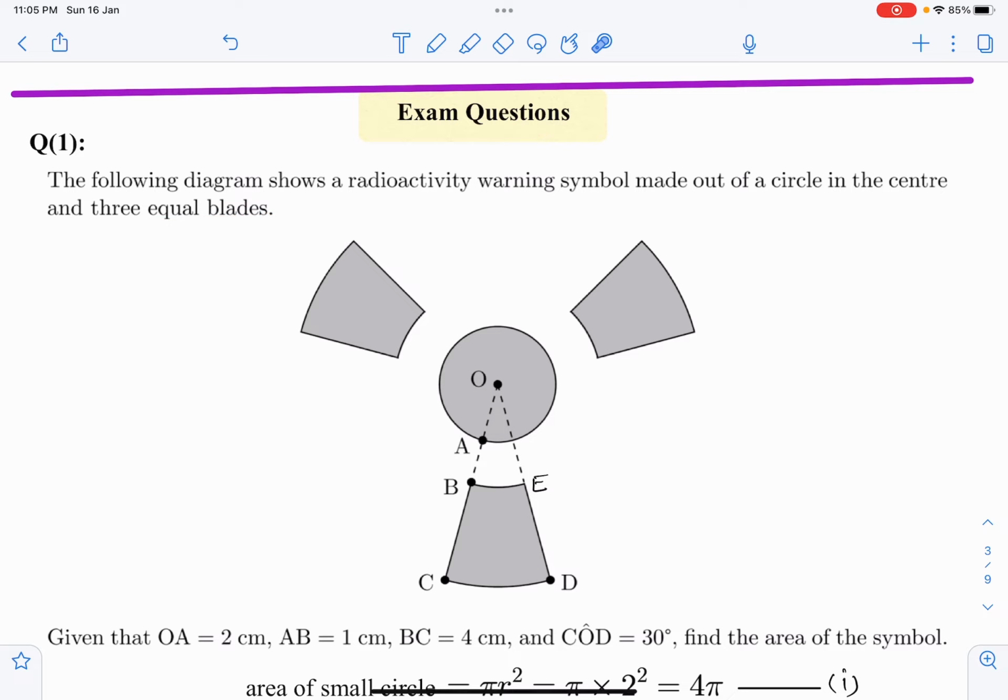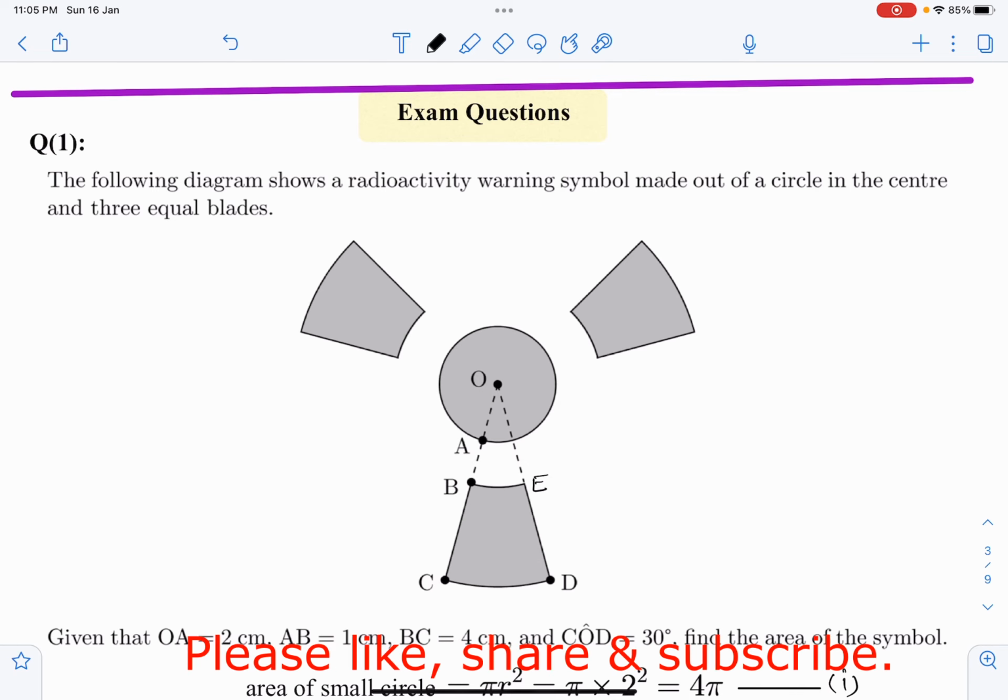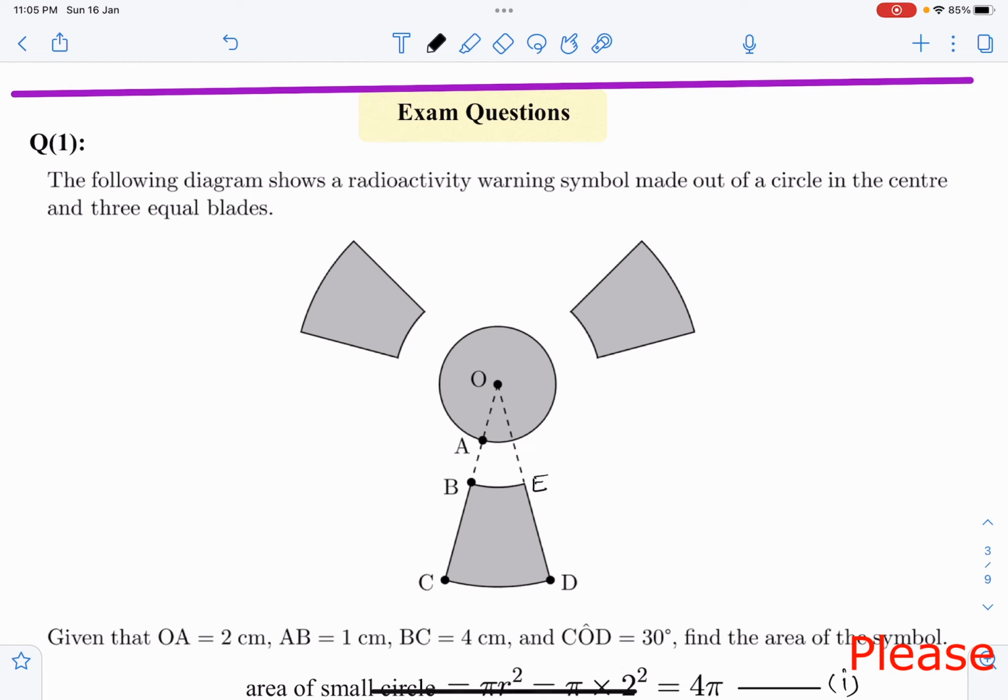So these are the three blades, 1, 2, 3. Okay, this is the circle and there are three blades, 1, 2 and 3. Okay, again that blade is also formed by certain circles. So let me show you how are those circles.